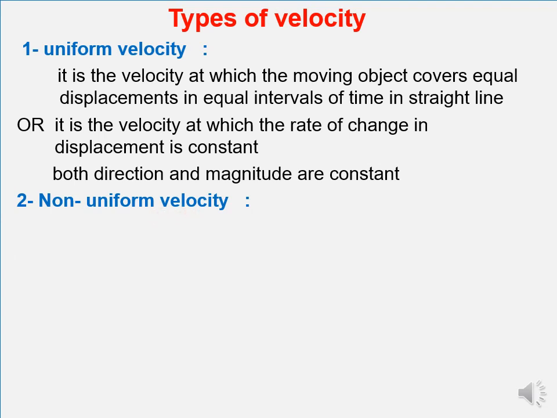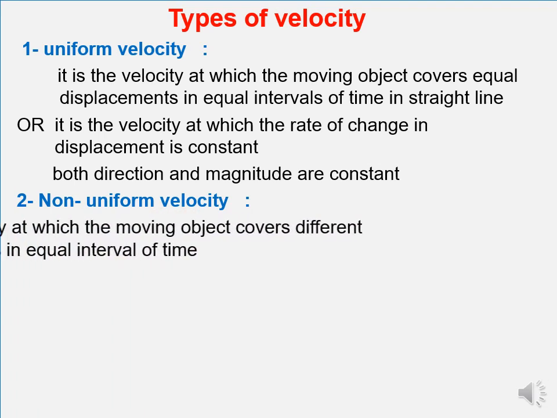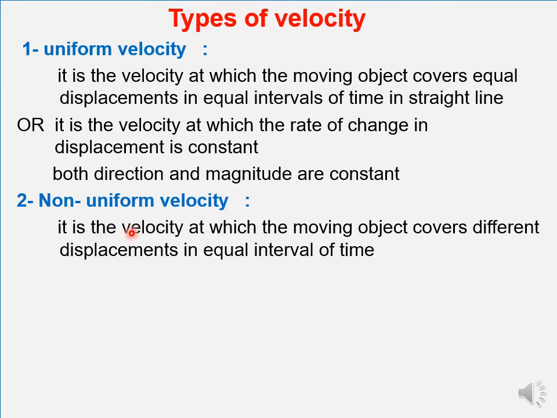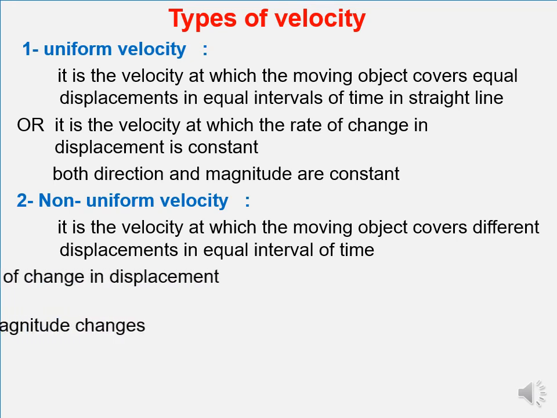Non-uniform velocity. العكس بقى. It is the velocity at which the moving object covers different displacements in equal interval of time. يبقى اليونيفورم الobject covers equal displacements in equal interval of time، لكن non-uniform الobject covers different displacements in equal interval of time.